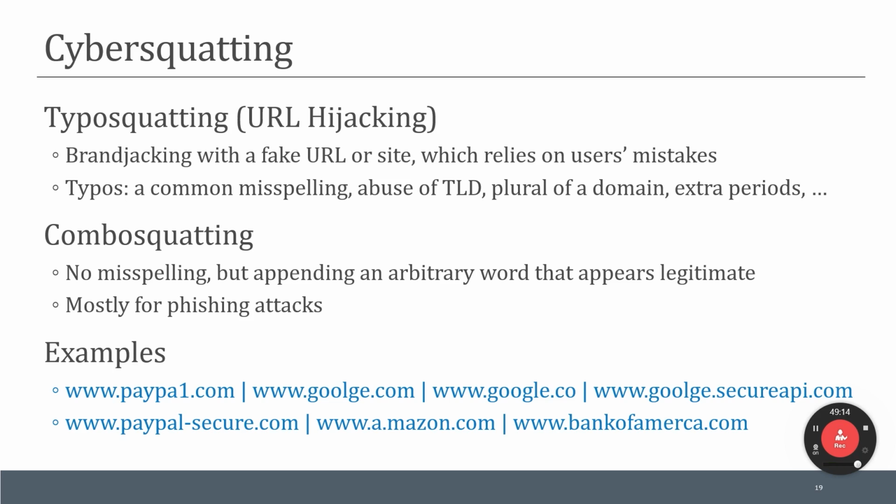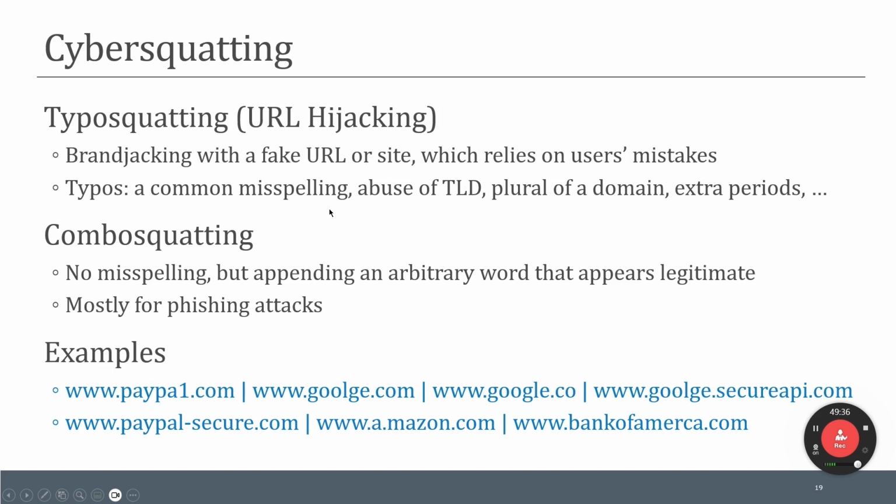One type of cybersquatting is typosquatting. Here it uses typos, including common misspellings, abuse of top-level domain, plural of domain, like instead of google.com, googlez.com, and extra periods like this. This is also called URL hijacking.